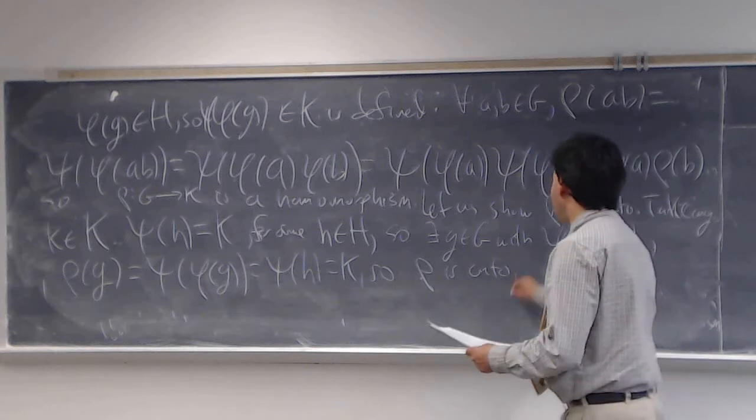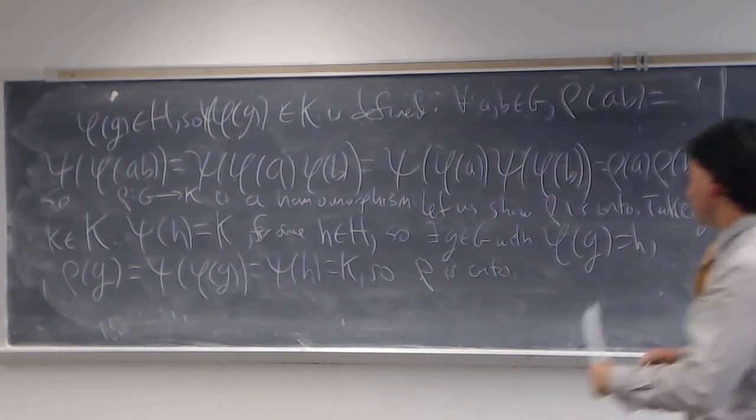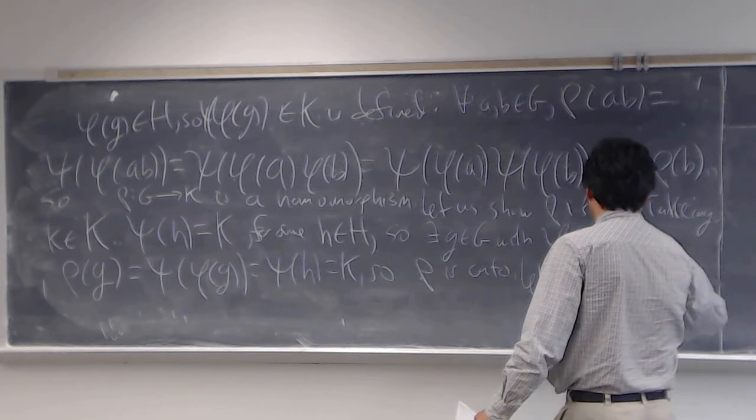How about one-to-one? Here we use the characterization of the kernel of rho. We'll show the kernel of rho consists only of the identity of G. So let x be in the kernel of rho.